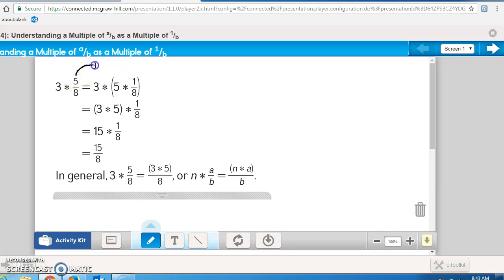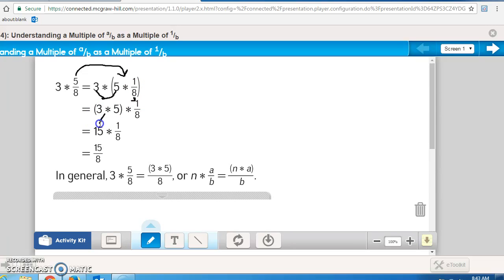Remember what we just said, 5/8 equals 5 times 1/8. Then we could do 3 times 5, which equals 15, and again, times 1/8. All we did is take these two numbers here, and now carry it down to here. Continue bringing down that 1/8, because we haven't done anything with that yet.